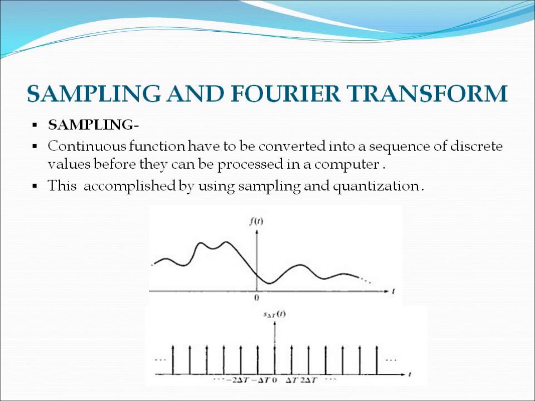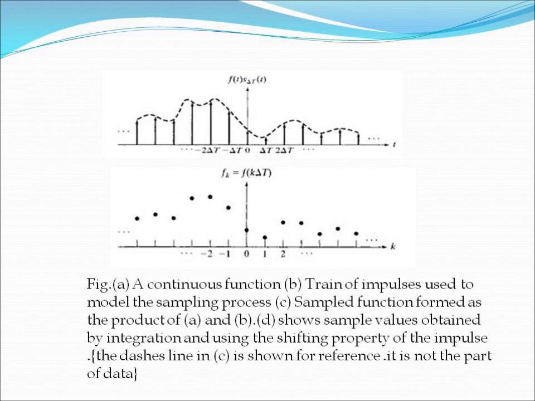Figure A shows a continuous function. Figure B shows the train of impulses used to model the sampling process. Figure C shows the sampled function formed as the product of A and B. And figure D shows the sample values obtained by integration and using the shifting property of the impulse.